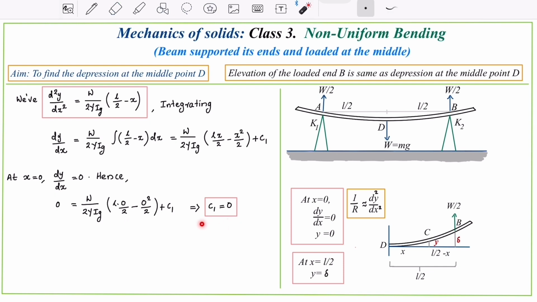When C1 is equal to 0, dy by dx becomes W divided by 2YIg into Lx by 2 minus x square by 2.